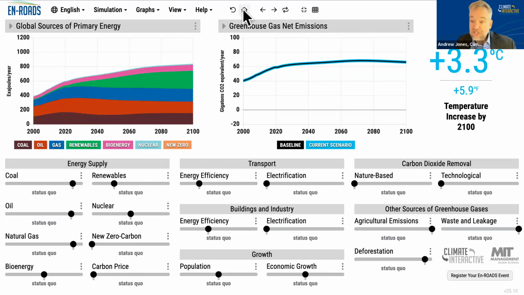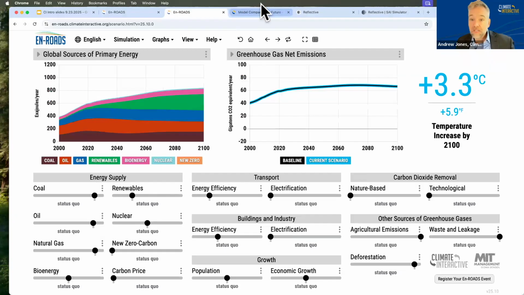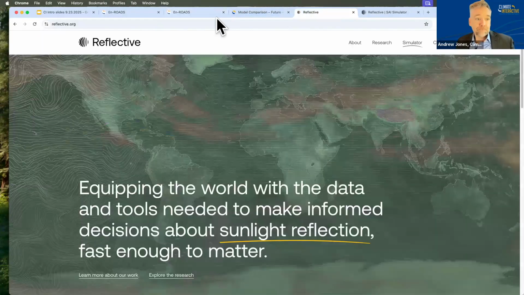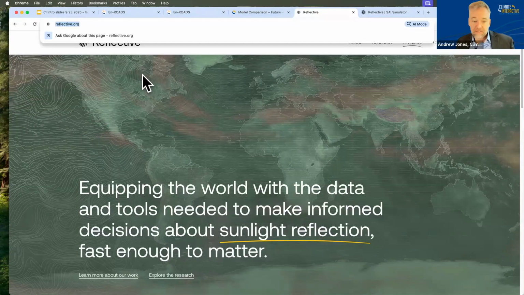Oh, for the geoengineering one? Yeah. It's reflective.org. It's a geoengineering simulator called Reflective.